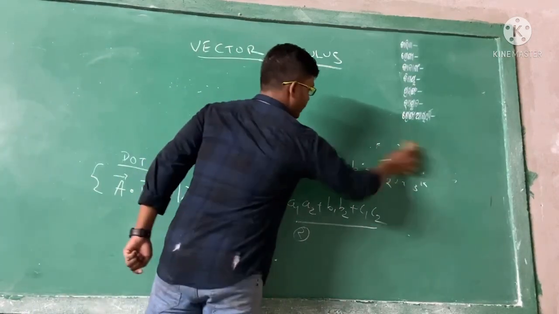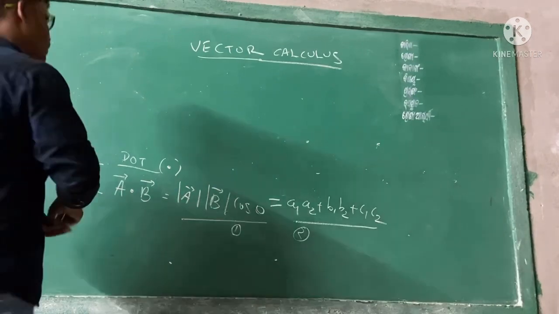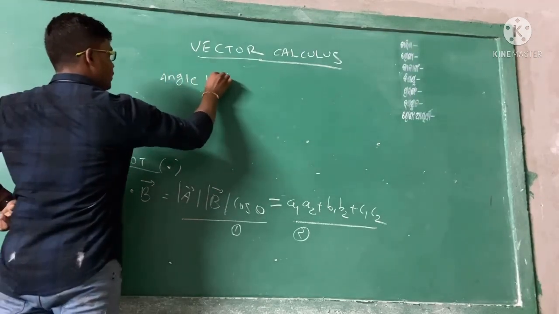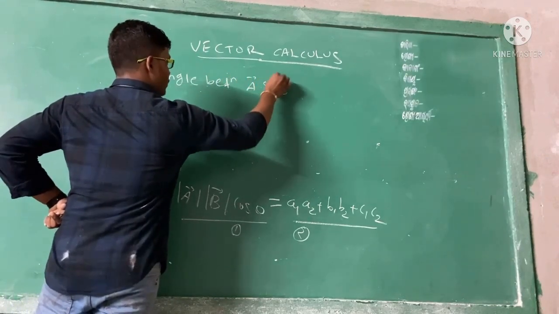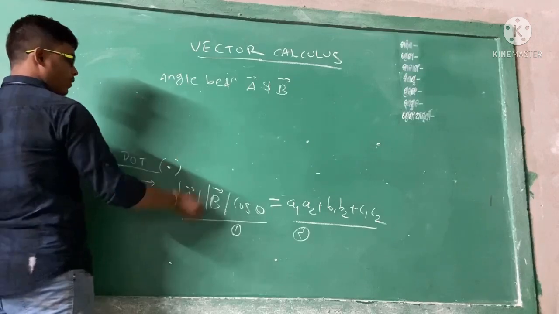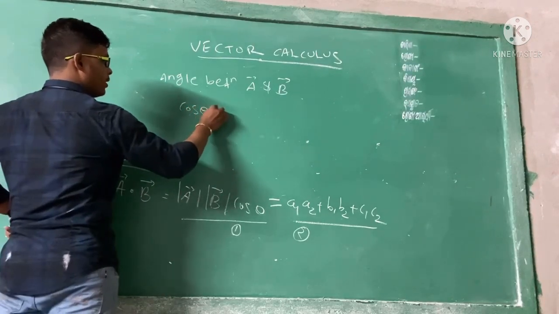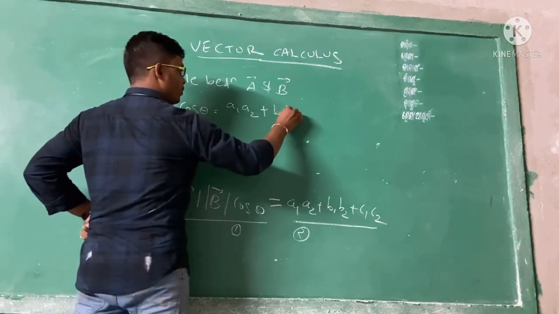Remember, a magnitude b magnitude into cos theta, where theta is the angle between a vector and b vector. Then how do you find the angle between two vectors? This is another question type: a and b vectors are given, and you must find theta.